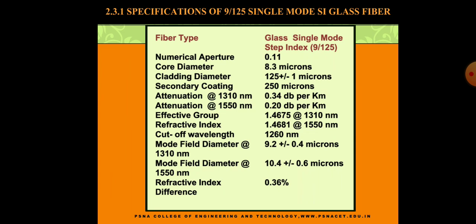It is described with many different parameters like numerical aperture, core diameter, cladding diameter, secondary coating, attenuation at the wavelengths of 1310 nanometer and 1550 nanometer, effective group refractive index, cutoff wavelength, mode field diameter for both wavelengths, and refractive index difference. So these are the values given for the single mode fiber cable.